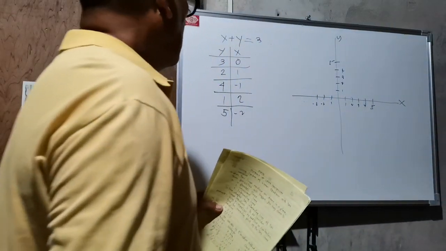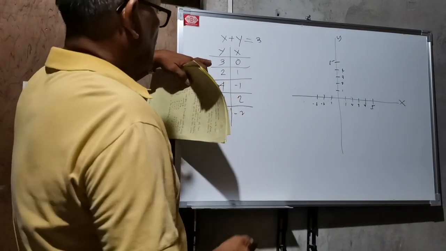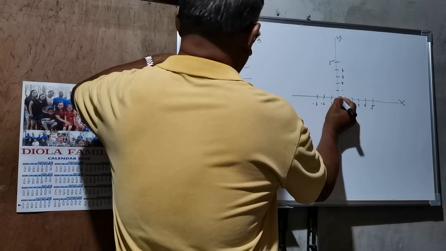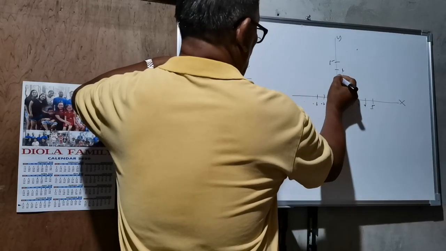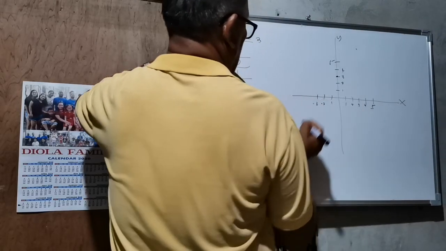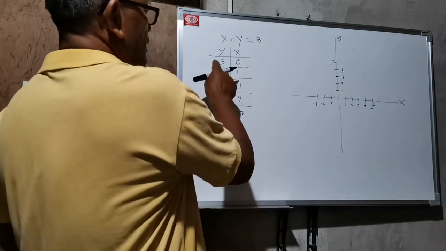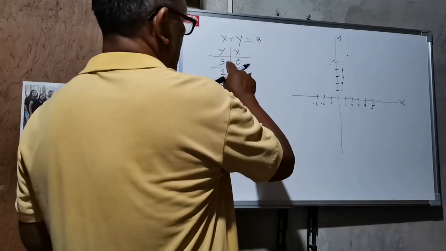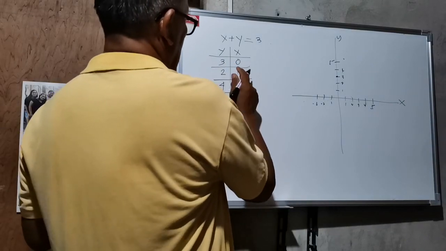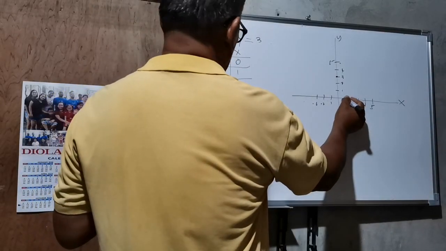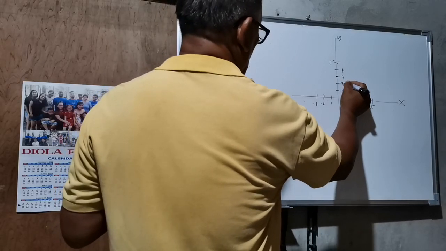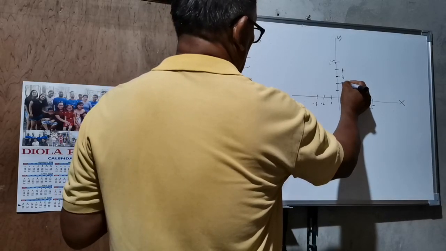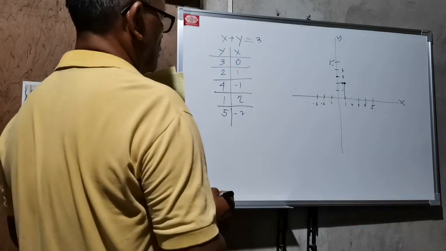Okay, point 1, if x is 0, y is 3, therefore point 1 is here. Point x here is 0 and y is 3. Okay, the second point is if x is 1, y is 2. Here is the point for point 2.